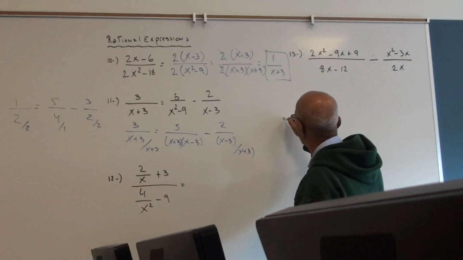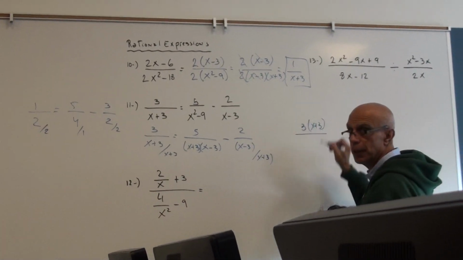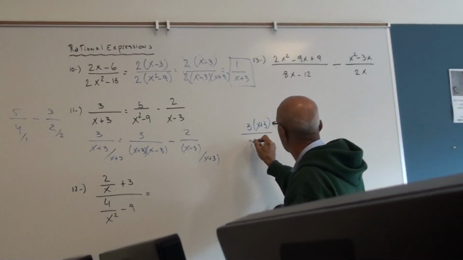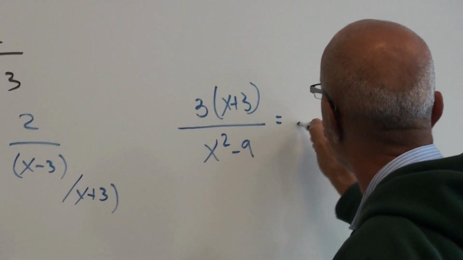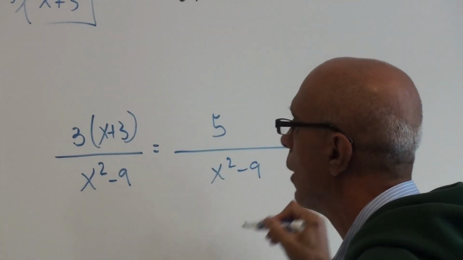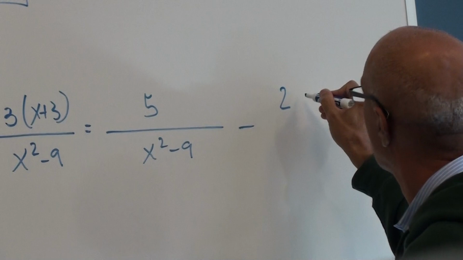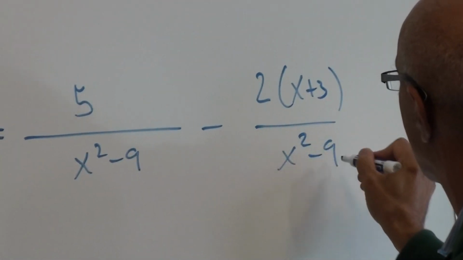So I'm going to have 3 times x plus 3 divided by x squared minus 9 equals 5 minus 2 times x plus 3, all divided by x squared minus 9.